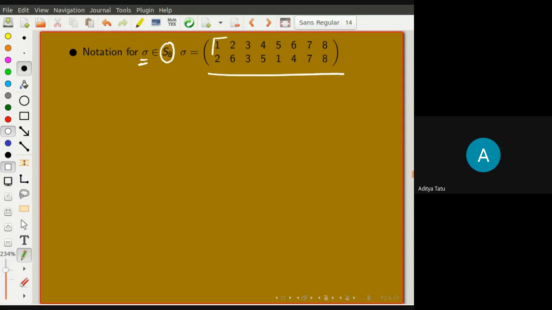The first row is the domain, the original arrangement, and the bottom row is the new arrangement after you apply the permutation.